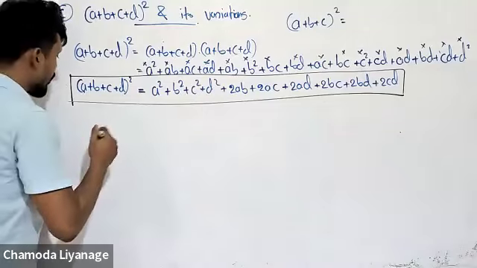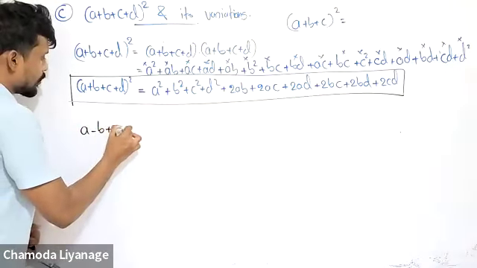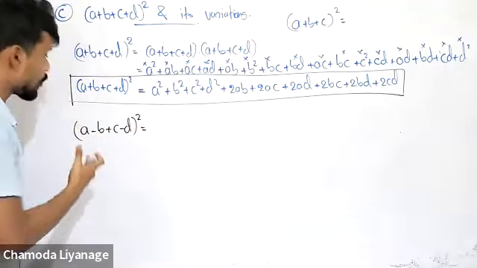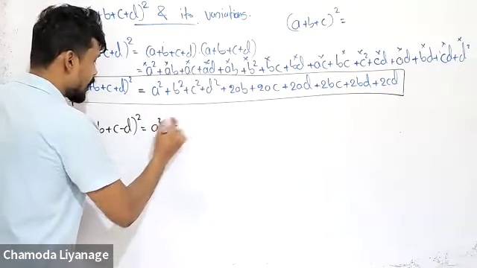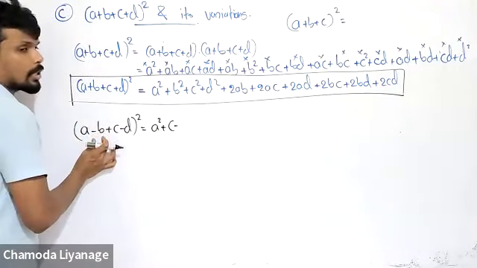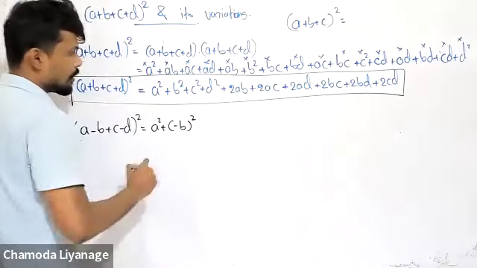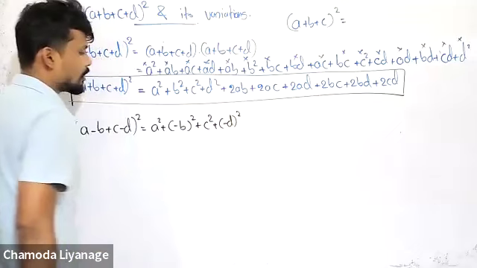Okay, using that, we can find out the expansion of this one. So how can we expand this now? Look at the board. a squared plus, and now there is minus b. Instead of b, the second term is minus b, so let's write minus b, plus c squared plus minus d squared.